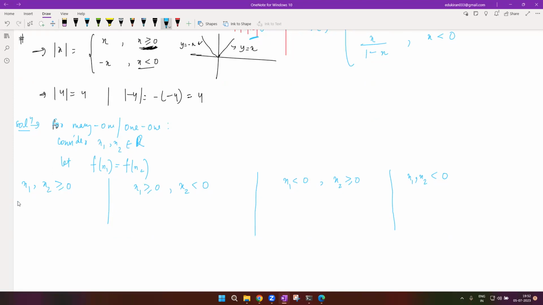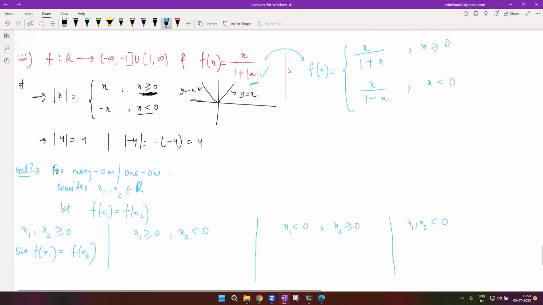So when x1 and x2 both are greater than 0, then your f(x1) and f(x2) will look like this. Oh, sorry, my bad. We would like to write, since f(x1) is equal to f(x2). Now, while writing f(x1) and f(x2), you will focus on what is the value of x1 and x2.